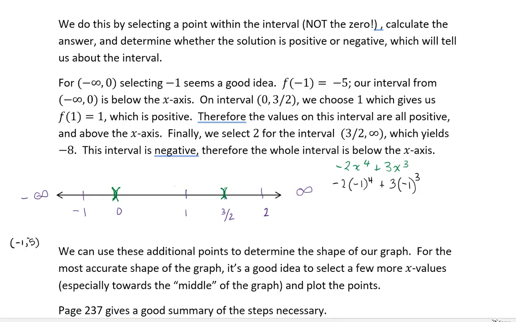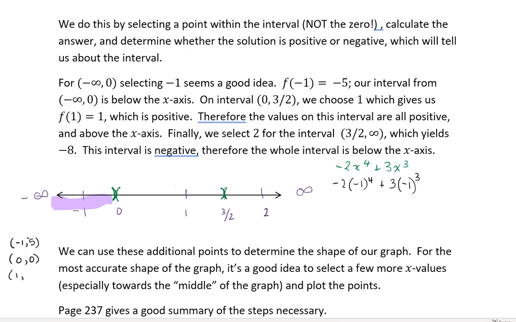It's a negative value, and I'm going to have my point of (0, 0). Oops, I don't want to do that. Let me erase that. Alright, so then it's (0, 0). So I'm just making a list of all the points that I'm picking.